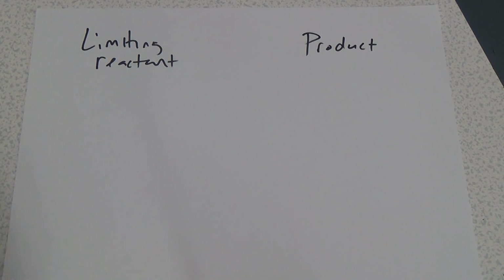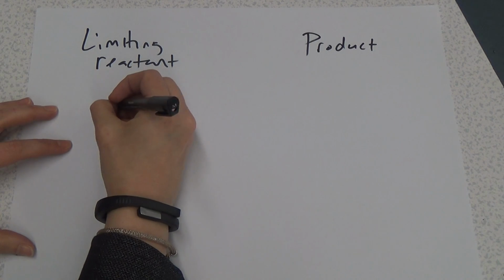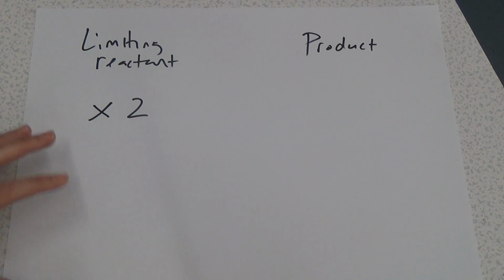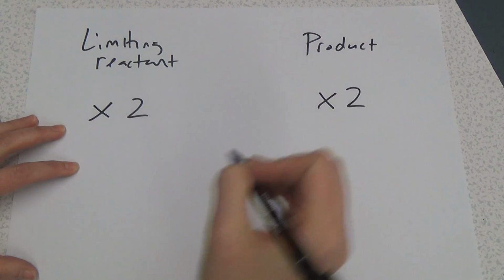And it's quite a nice, simple relationship, but again, it comes up in questions quite often. When something's directly proportional, what you do to one, you do to the other. So in the case of a limiting reactant, let's say we doubled the amount of limiting reactant, what would happen to the product is that it would be doubled as well.